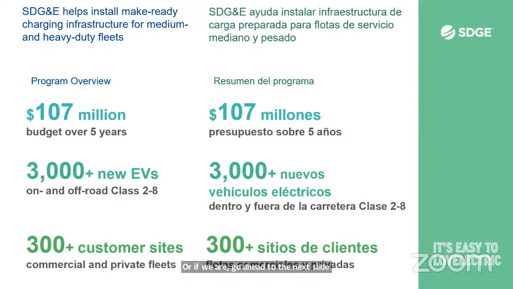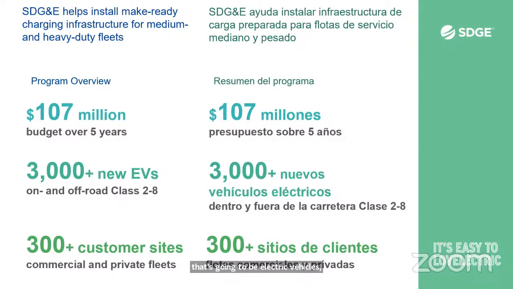For our program, we've set aside $107 million to be budgeted over this 5-year period. The goal is to support installations at a minimum of 3,000 customer sites to support charging for a minimum of 3,000 electric vehicles, class 2 through 8.